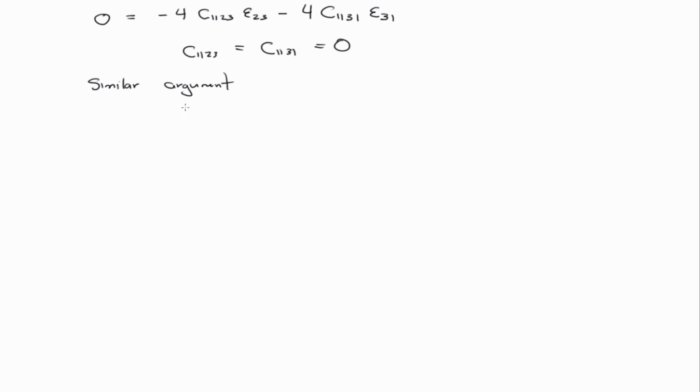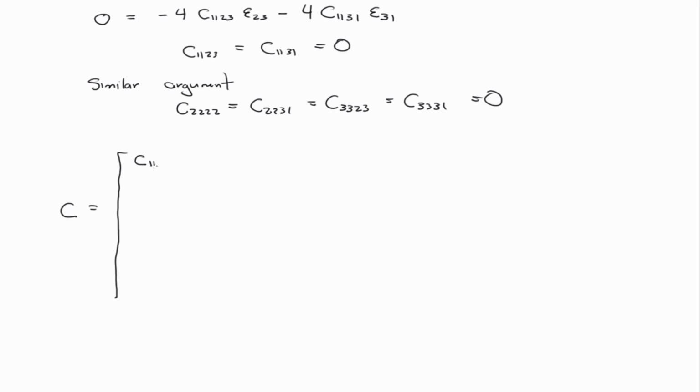what we'd see is that 2, 2, 2, 2, 2, 2, 3, 1, 3, 3, 2, 3, 3, 3, 3, 1, those are all equal to 0 as well. Okay? And so then, for a material with one plane of symmetry, we have C1, 1, 1, 1, C1, 1, 1, 2, C1, 1, 3, 3.